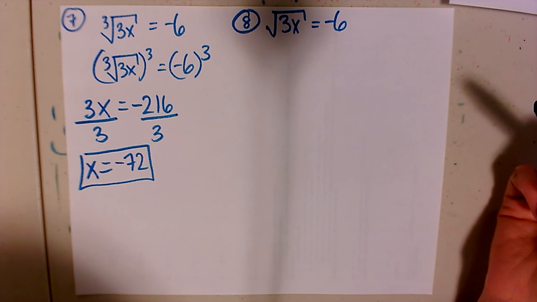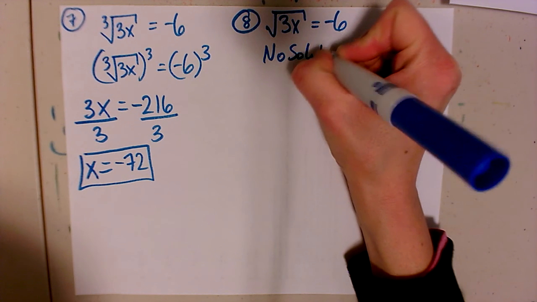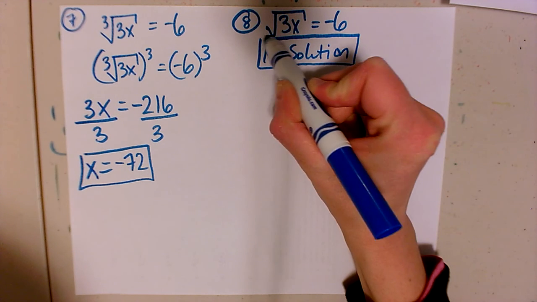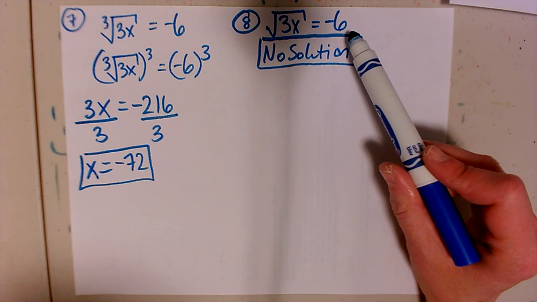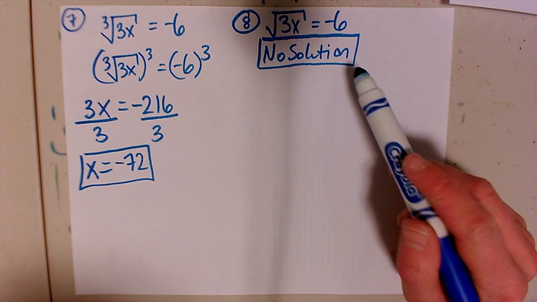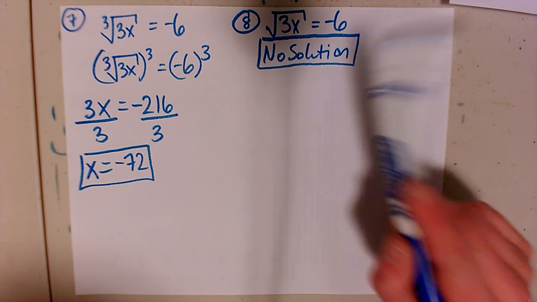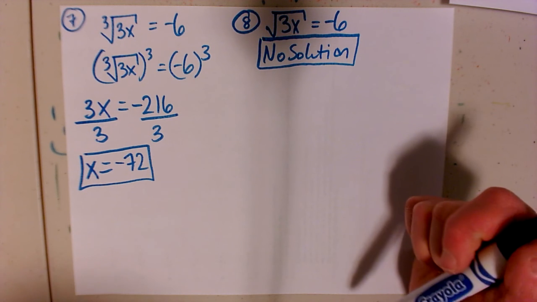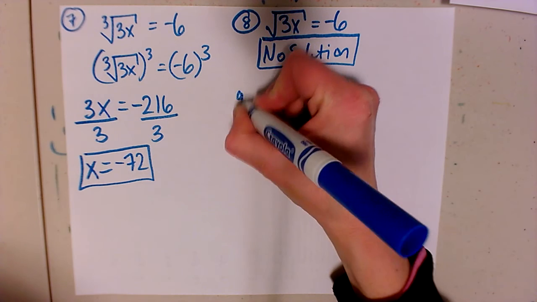Yeah, I think we're going to go with no solution here. Square root of 3x equaling negative 6, that's going to be no solution. Whenever you have an equation with a square root equaling a negative, it's just a no solution. If this was a cube root or any odd root, then that would be fine, and you can go ahead and do that.